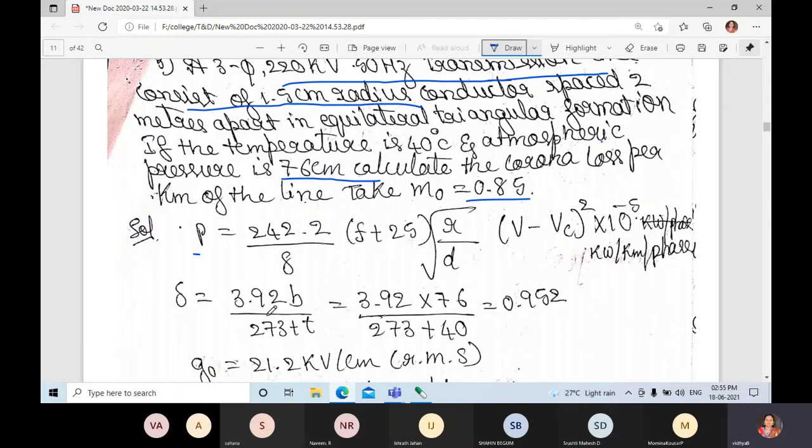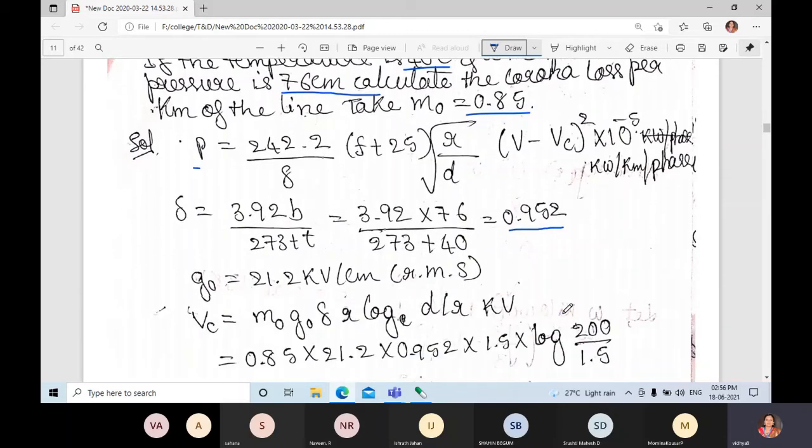Delta value is equal to 3.92 B divided by 273 plus T. If you substitute the value of B, the 76 pressure they have given, and T, the temperature they have given, 40, you will get the delta value 0.952.